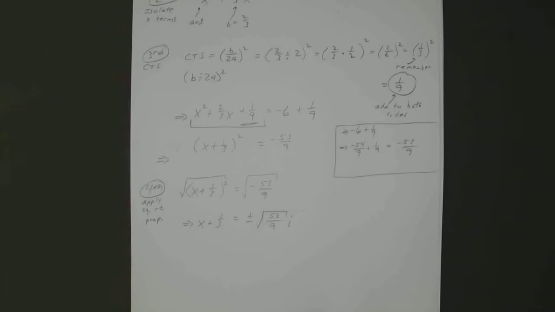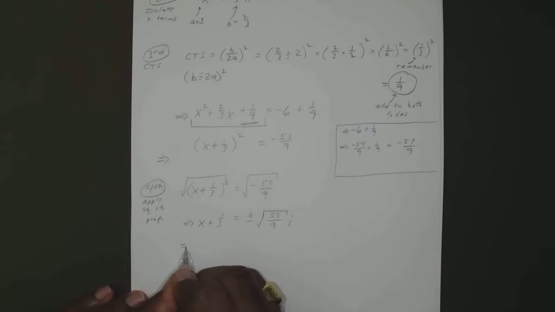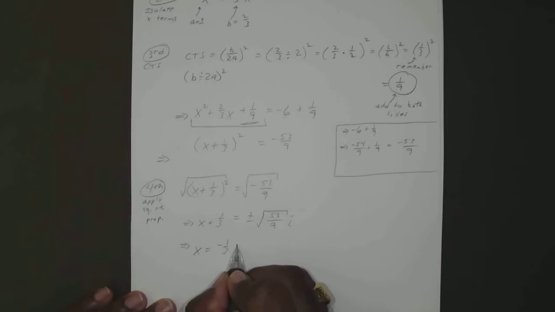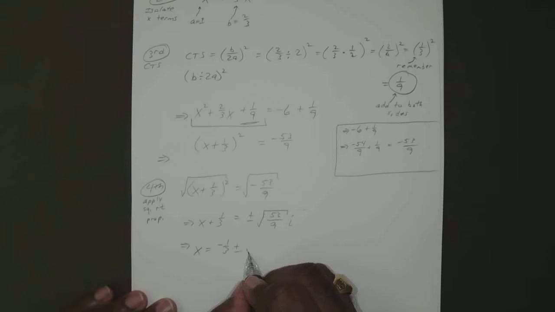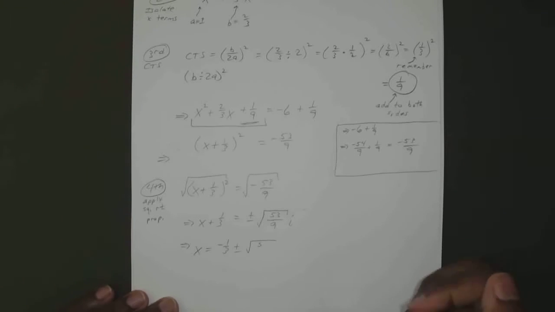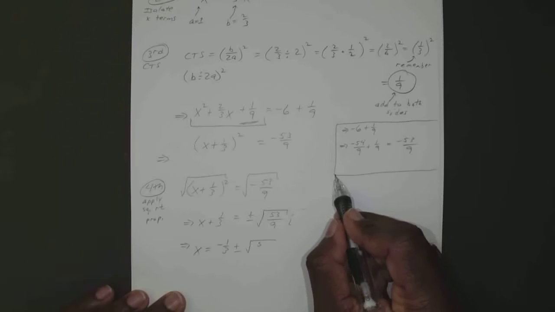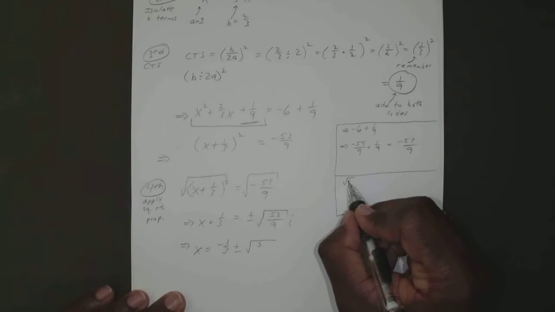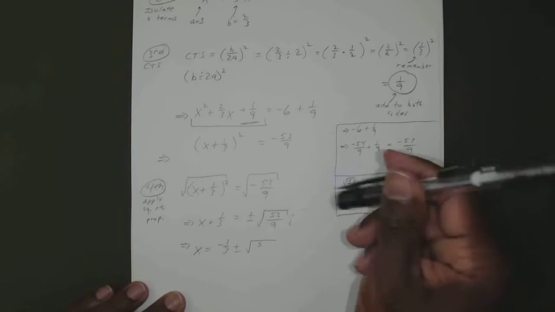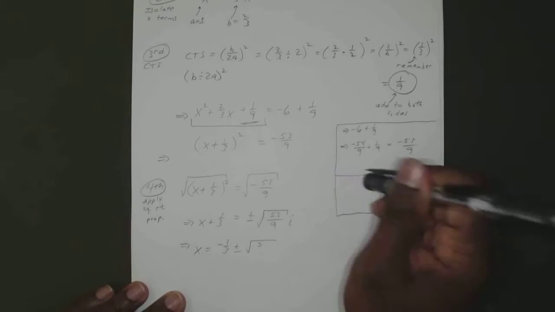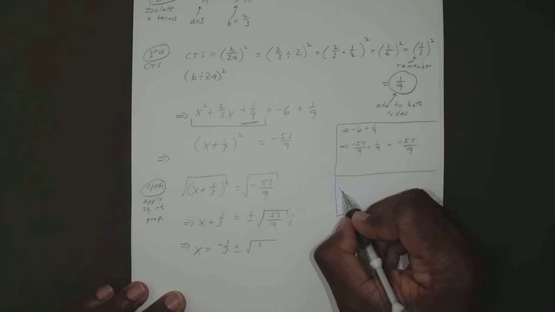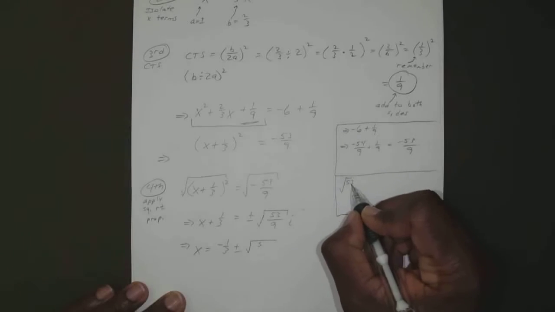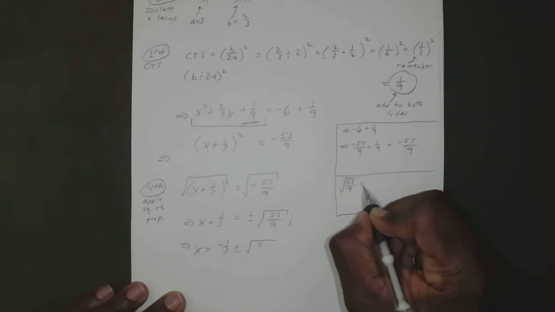Okay. So now we just subtract 1/3 from both sides. So x equals negative 1/3 plus or minus the square root, and instead of 53 over 9, square root of, I'll make the entire thing. So you have the square root of 53 over 9.